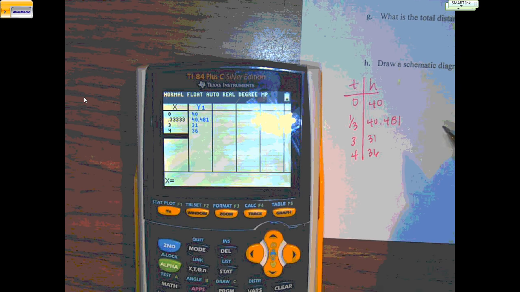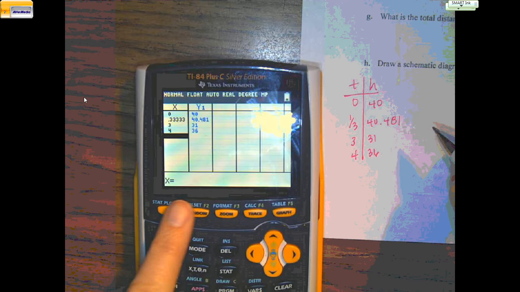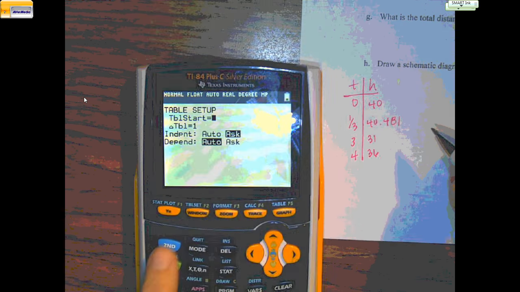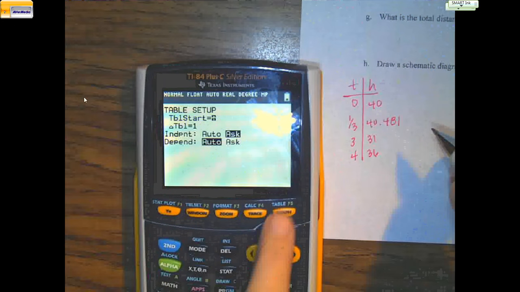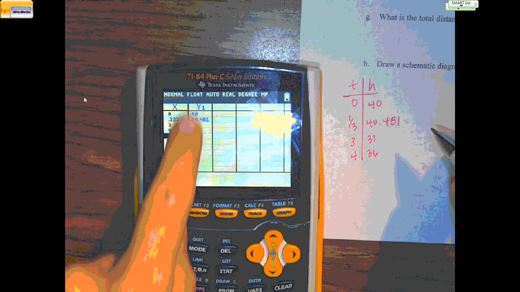So I took the original equation, the position function, typed it in. I made sure that my table was set to ask on independent, so that I could ask it what I wanted. I put in my 4 sort of critical turning points and got my position.